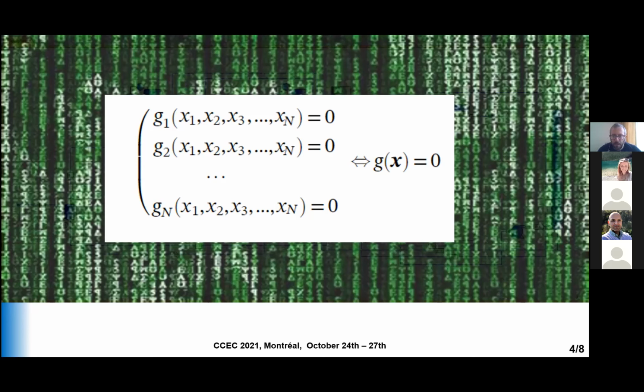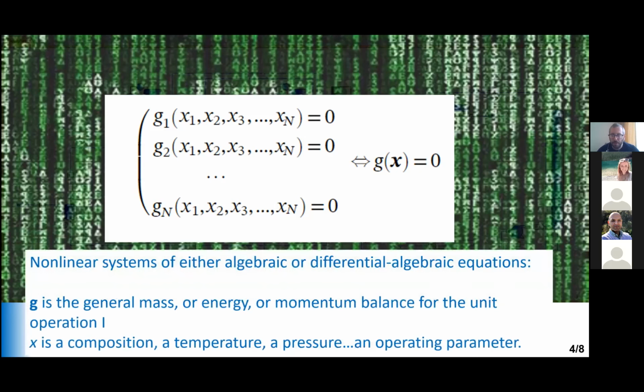Depending on the unit operation, the equations may be algebraic or differential algebraic. For example, PFRs are differential algebraic. In this slide, G is a general balance equation, while X is the process variable. Via an iteration algorithm, the simulation finds the vector of X that satisfies all the balances.